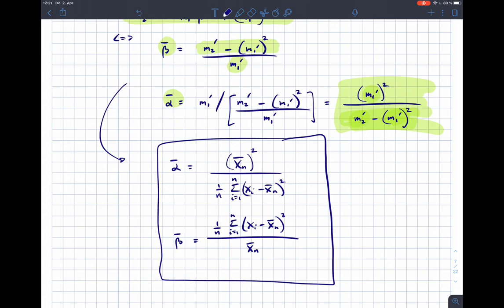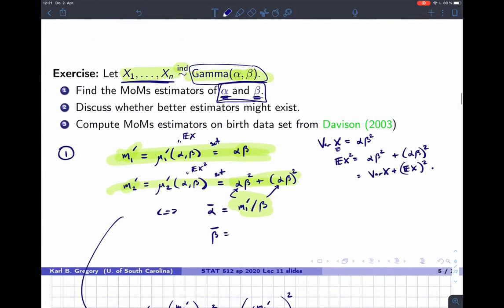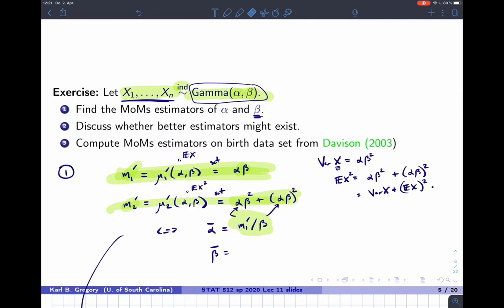So those are my method of moments estimators for alpha and beta. So these are my MoMs. Wow, those look complicated. Discuss in part 2 whether there might be some better estimators of alpha and beta.